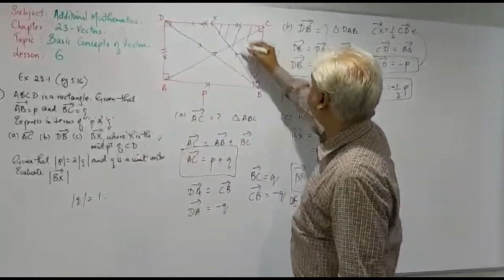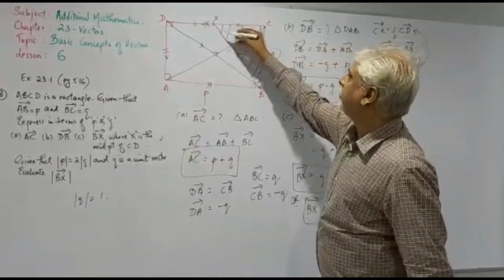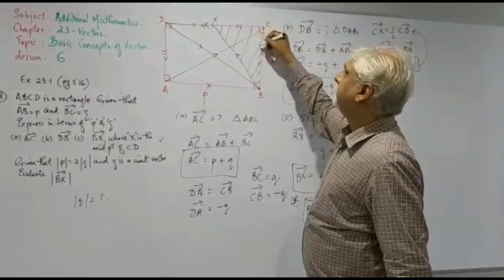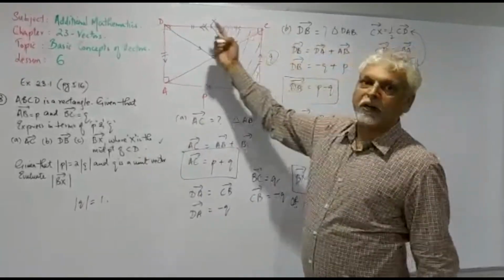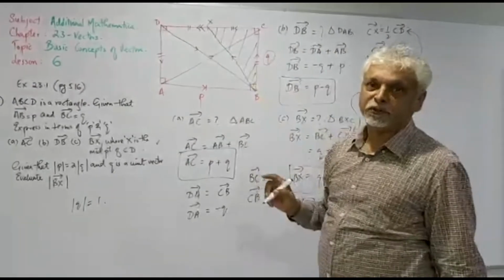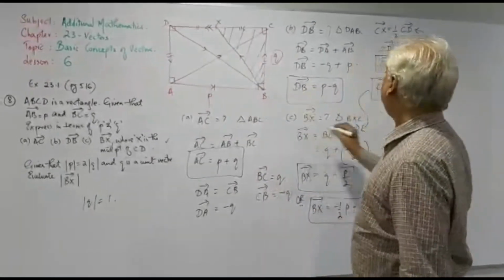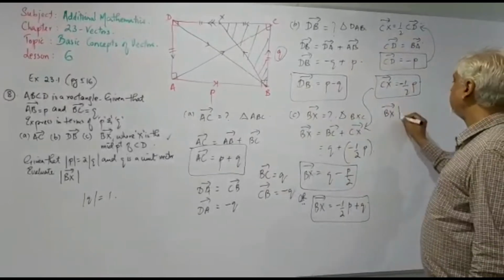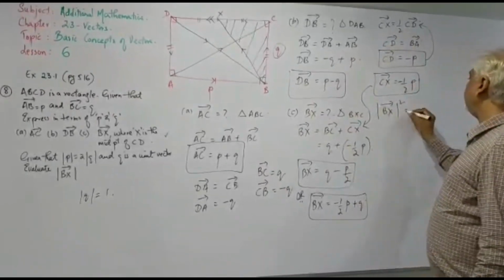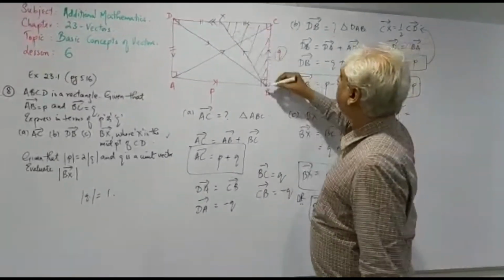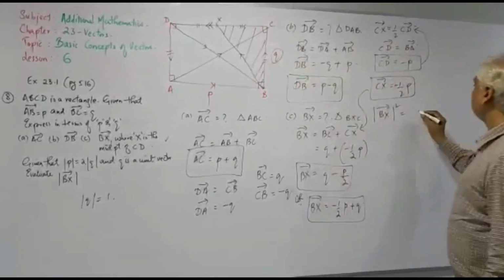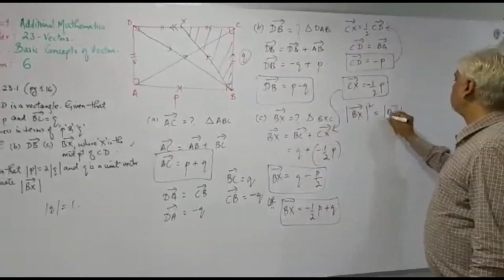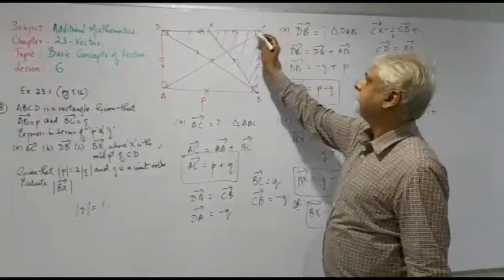So Bx is the hypotenuse, and according to Pythagoras theorem, the square of the hypotenuse is the sum of the squares of the other two sides. So Bx the whole square is equal to BC the whole square plus Cx the whole square.